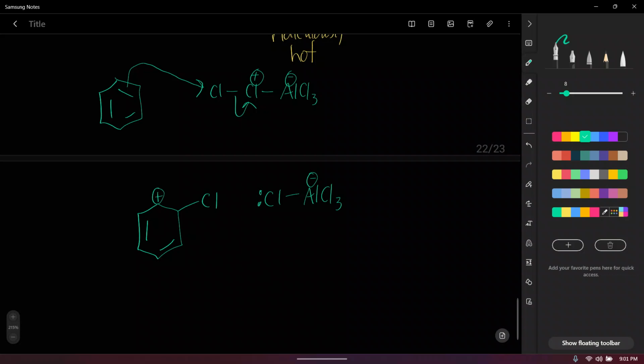All right, sweet. So hopefully everybody can understand that that's what would be the result of the second step. Okay? And then the third step is deprotonate to restore aromaticity.